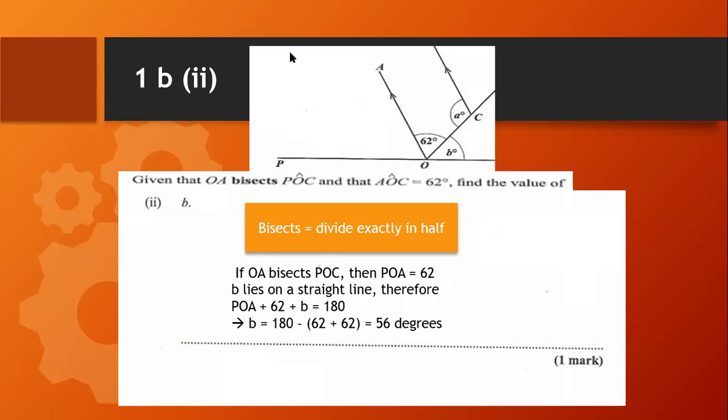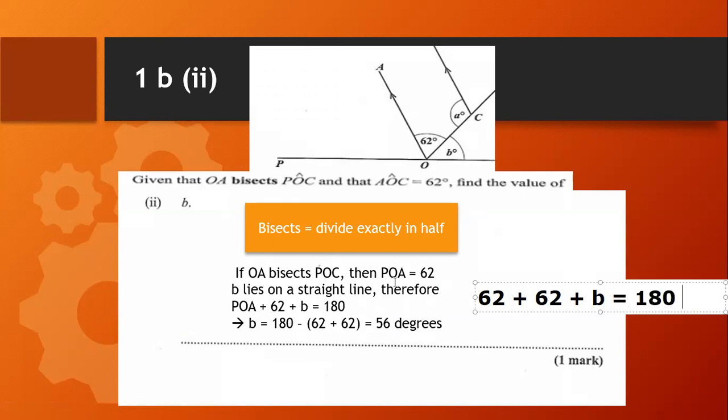You can also say that POA is 62, so we know that from before here. You just simply say 62 plus 62 plus B equals 180 degrees. Then 62 plus 62 is going to be equal to 124. 124 plus B will give me 180.